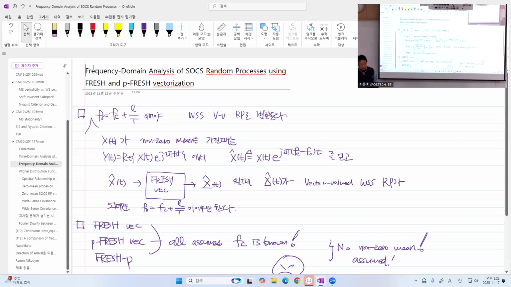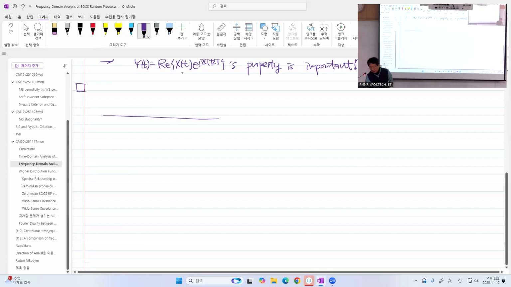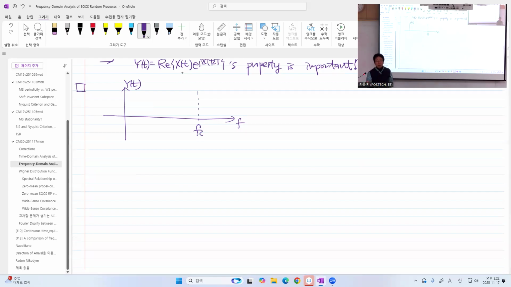So here, I will just talk about the frequency domain analysis very roughly, using frequency shift vectorizer and properizing frequency shift vectorizer. So suppose you have a random process y of t that has spectral symmetry, precisely speaking, spectral conjugate symmetry with respect to f sub c. What does that mean?